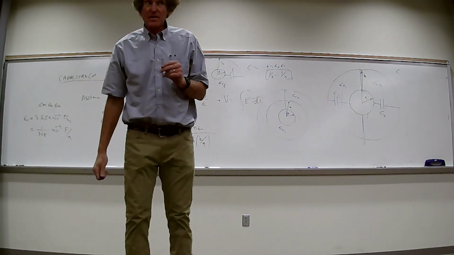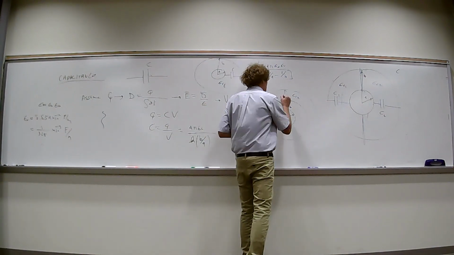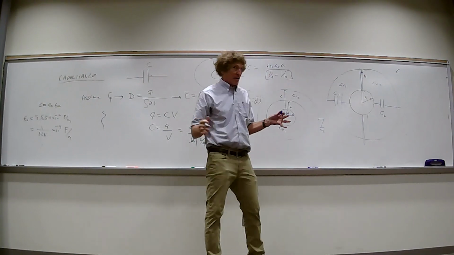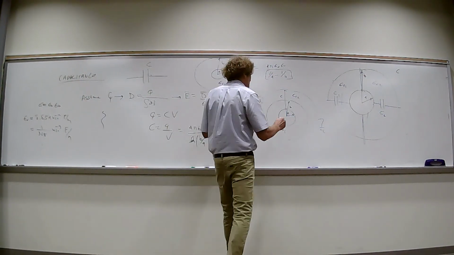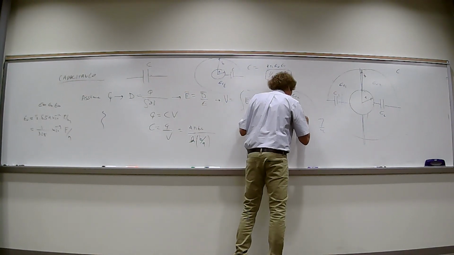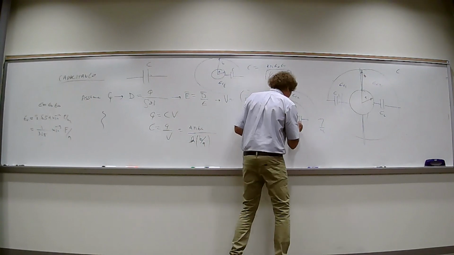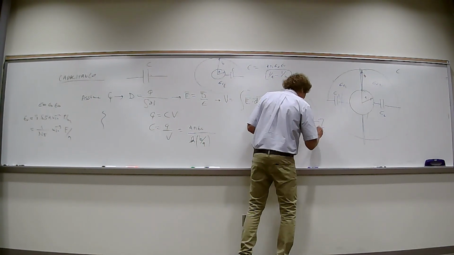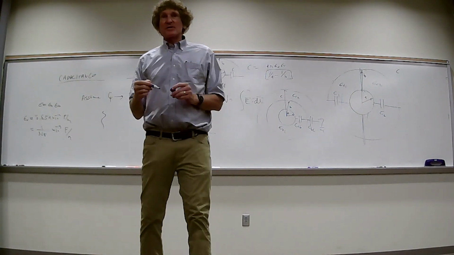If I'm looking for the capacitance between A and C, inner and outer radius, how many see? It looks like you have a series capacitor between A and B in series with a capacitor between B and C. How many see that? What are capacitors in series? How do you add them up?